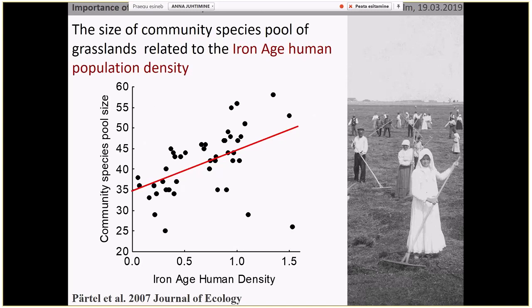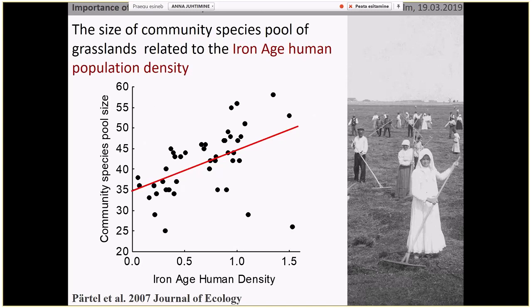For example, in our western Estonian grasslands, the historical human population density in the Iron Age, 1,000 years ago, is still related with the current plant diversity in these communities, which means that this reflects the long history of these grasslands that were closer to human populations as long ago as 1,000 years ago, meaning that these were the ones that were likely managed continuously throughout the centuries that bring us here.